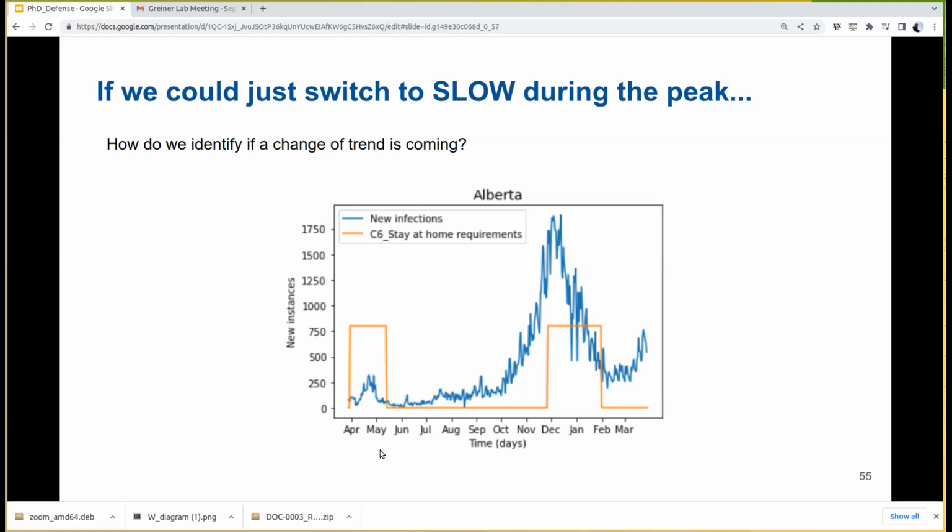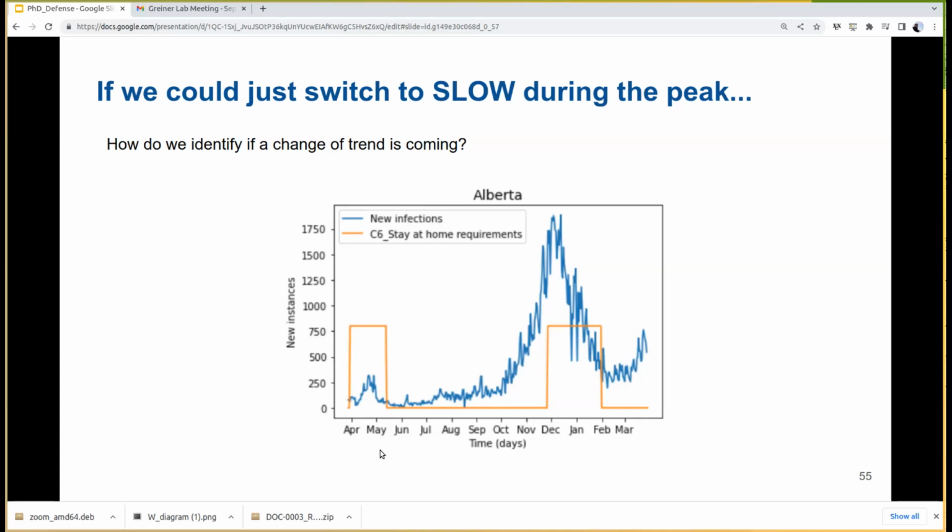And this is very intuitive information. This is why we incorporate this intuition into our model. If the government policies are relaxed and there are no policies in place, then we can expect the number of cases to go up. But if suddenly they establish strict policies, like a stay-at-home requirement, then we expect that the number of cases will go down.